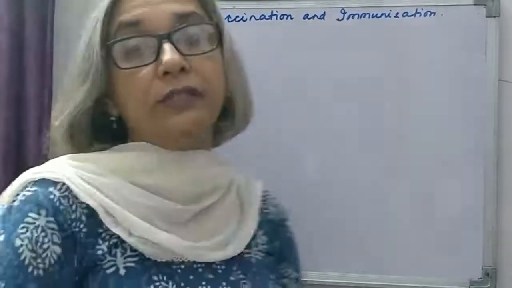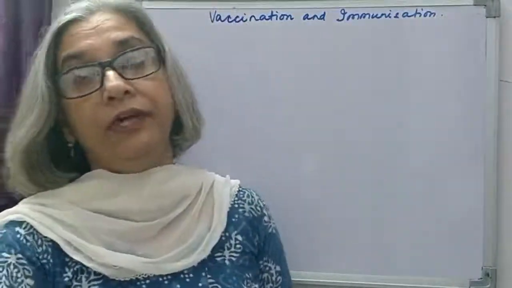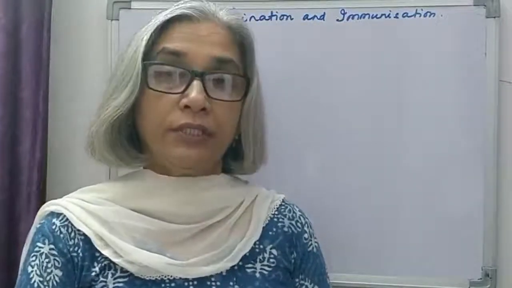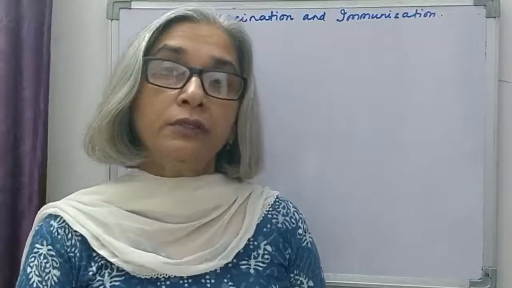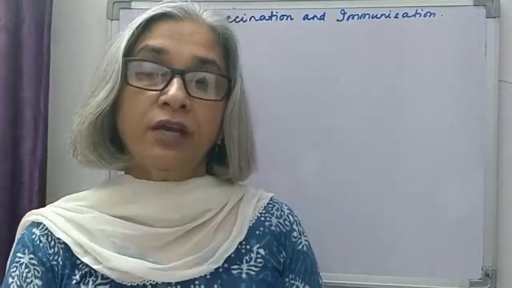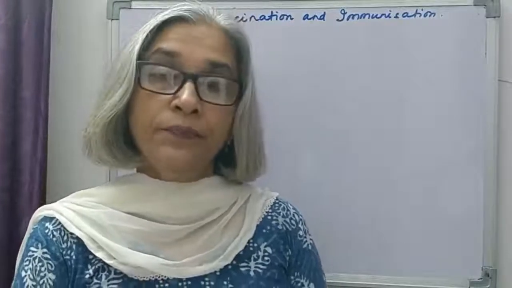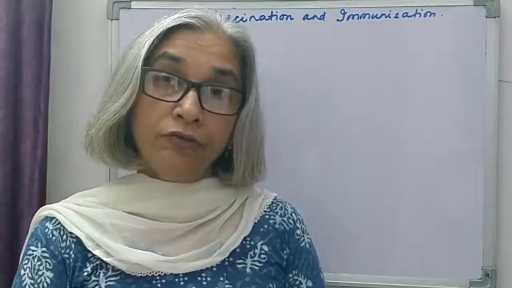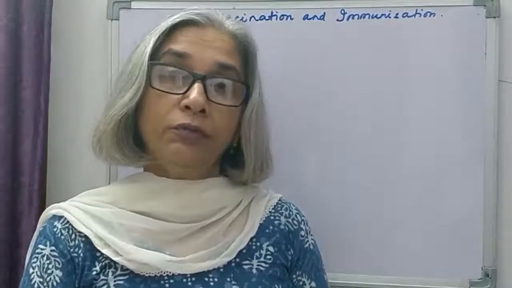We have discussed immunity, and we have seen that active immunity comes naturally to a person after infection. After a person is infected with a pathogen, the immunity that is generated by the body after infection is called active immunity.